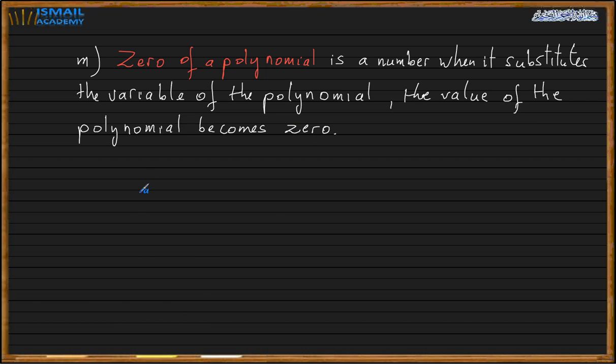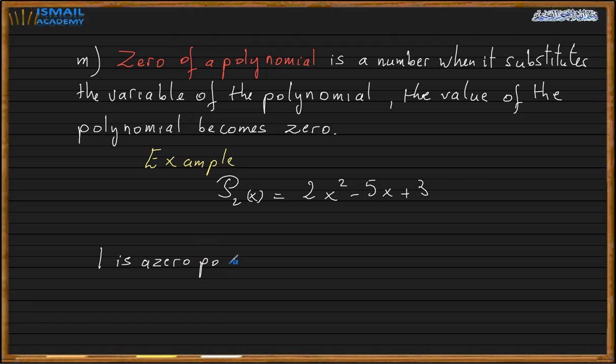I'll give you a simple example: 2x squared minus 5x plus 3. So we'll say what is the polynomial p of x.